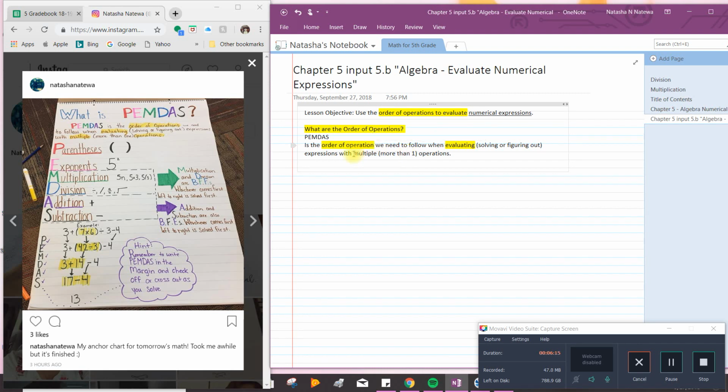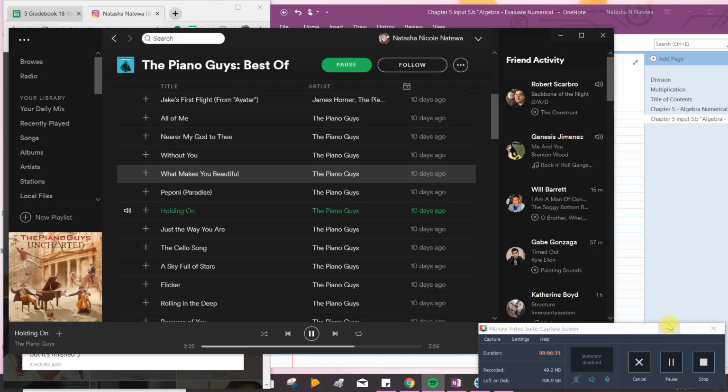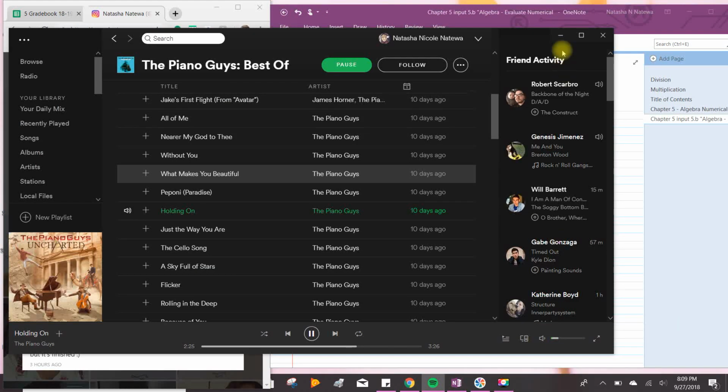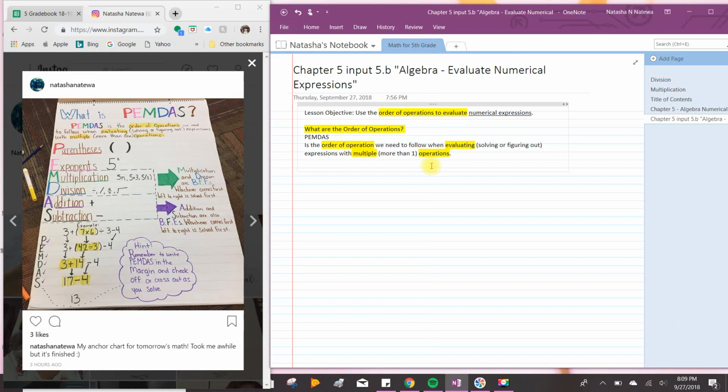So it's the order of operations we need to follow when evaluating, solving, or figuring out expressions with multiple, more than one operations. Now that means we will have an equation that is going to have more than one operation, and that means within a numerical expression there's going to be, let's say, addition and subtraction.